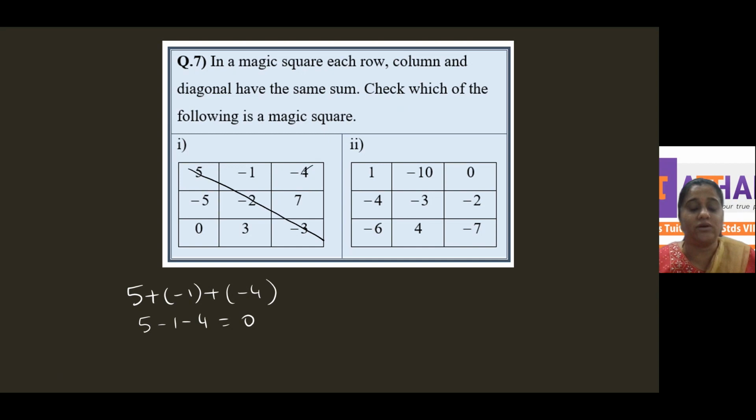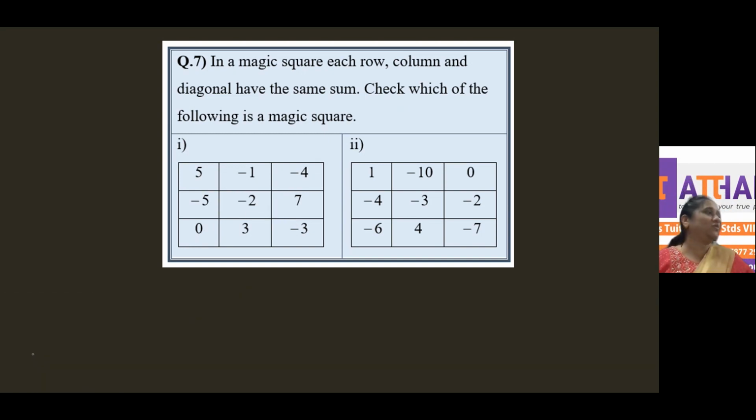Diagonal from right to left, minus 6. So everywhere the sum was 0, but the diagonal from right to left does not have the same sum 0. So it's not a magic square. The question is, check which of the following is a magic square.